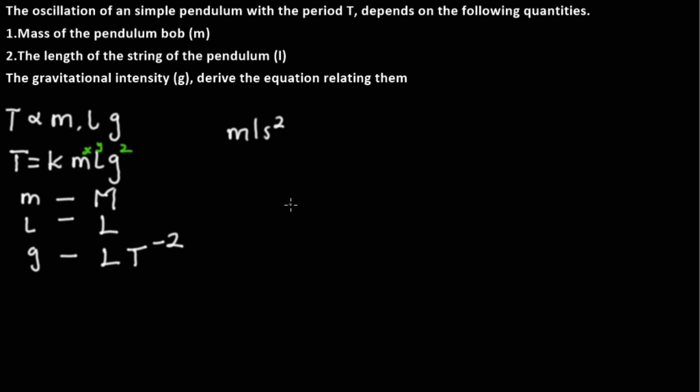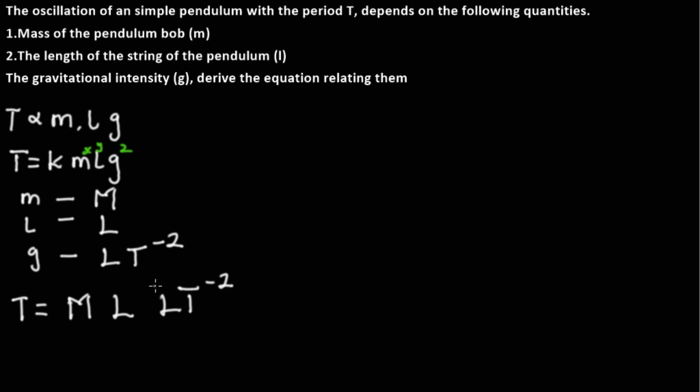Now, the next step, after assigning dimensions, we equate the powers to the assigned dimensions. So we have T equal to m, l, g, that is capital M, L, and LT^-2.